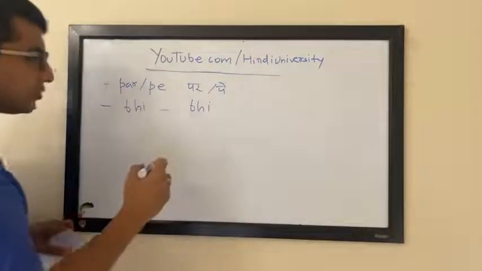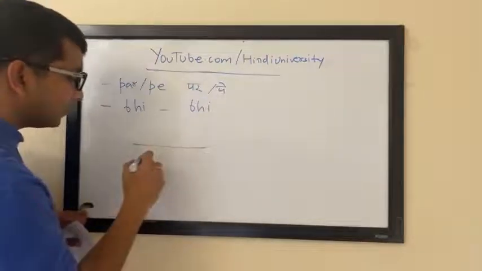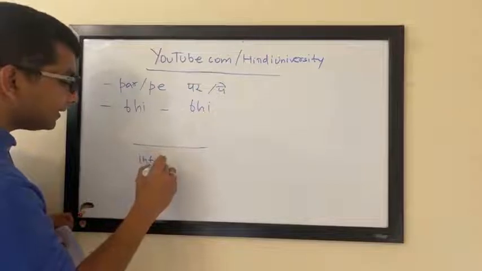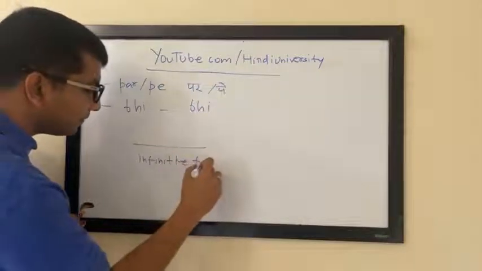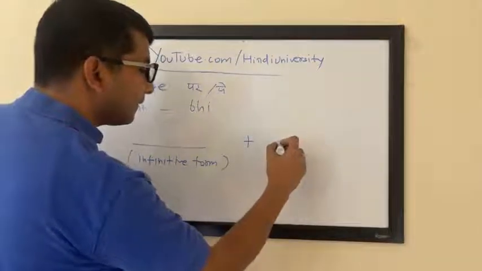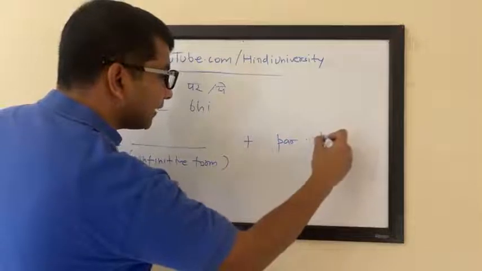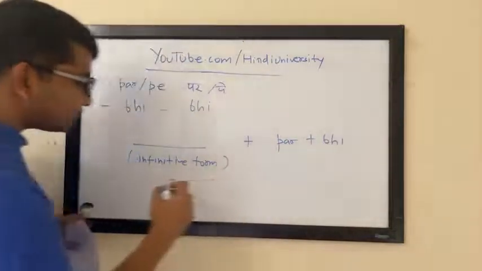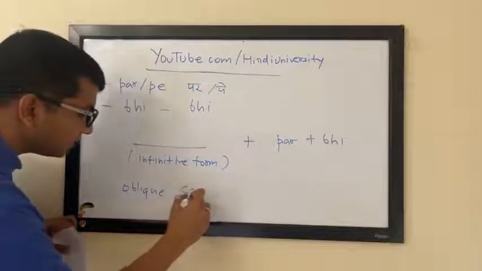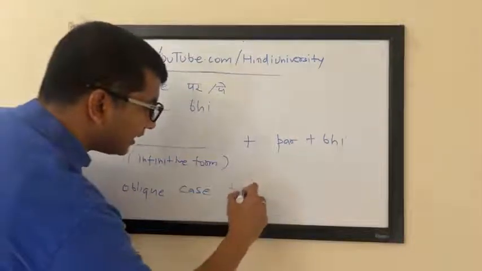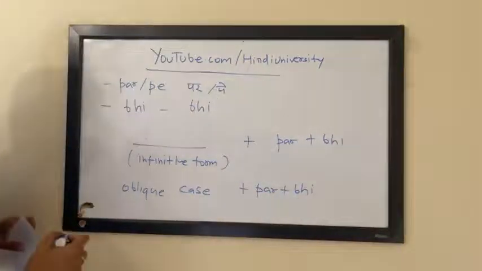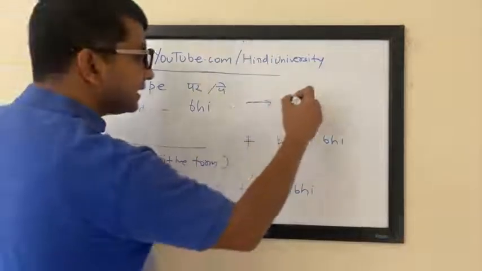Now, if you have a verb written in the infinitive form, and after that you have per followed by be, because you have postpositions, you end up using the oblique case of the verb. And if you're using per and be, it gives it a special meaning, and it means in spite of.